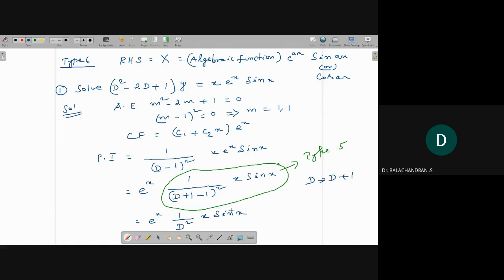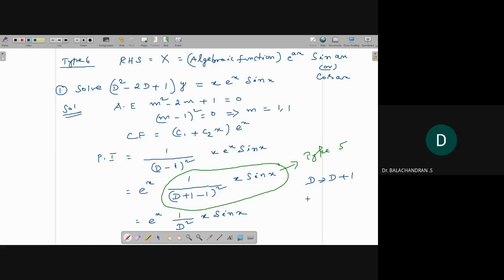You can solve this problem in two different methods. One is you integrate twice, because 1 by d square, and if you integrate twice you can get the answer. Otherwise, this is type number 5. You should write sin x as the imaginary part of e power ix, and then you can proceed.